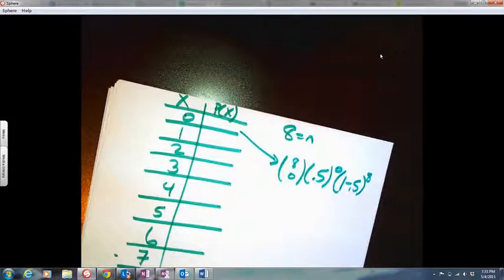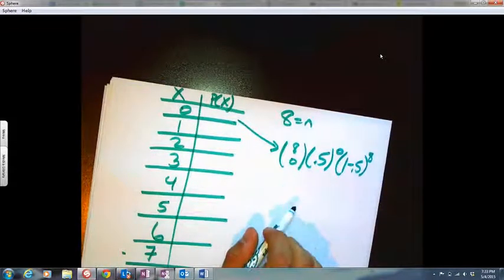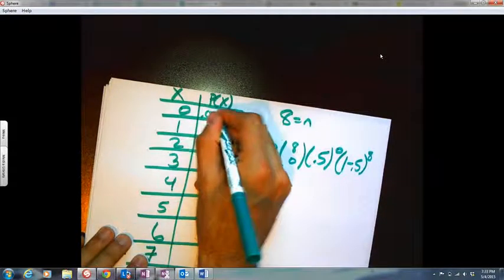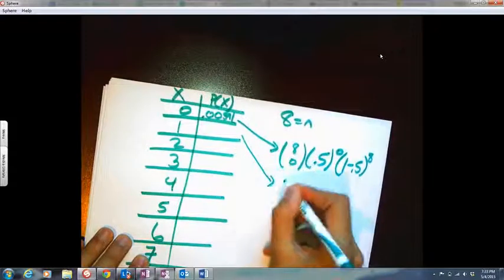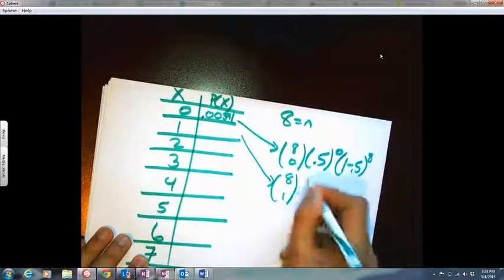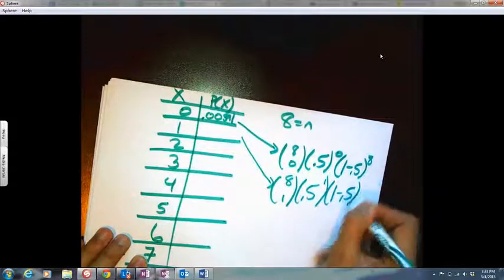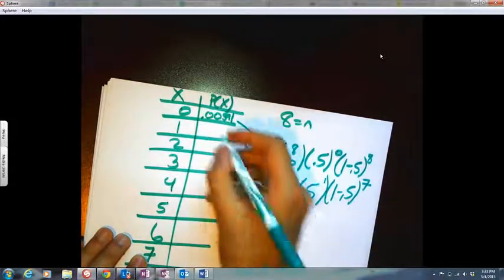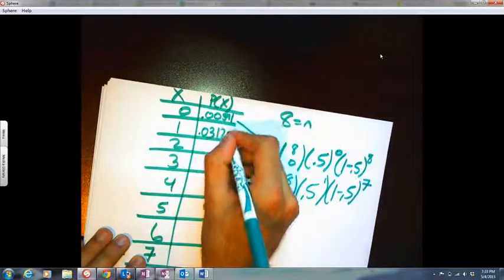If I do that on my calculator, remember this is the combination button, 0.5 to the 0 power, and so on, we get 0.00391. Now what about here? Well, this is 8 choose 1, 0.5 to the 1st power, 1 minus 0.5 to the 7th power. And we get 0.03125.